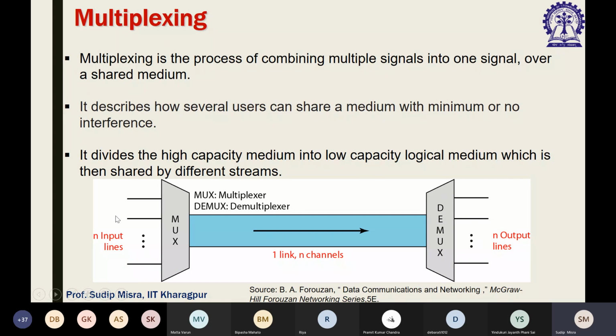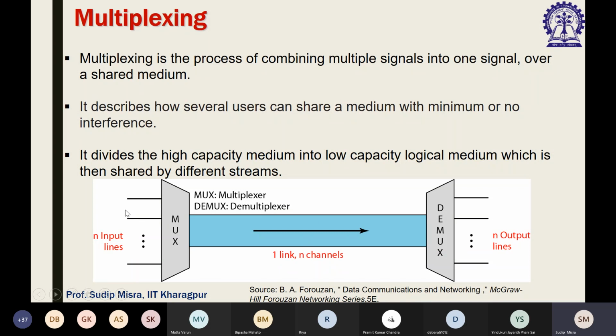Let us forget about the computers and focus on lines. So we have n input lines and n output lines, and we have one link. Now the question is: how can you make these computers, these lines, connect with each other using only one link?